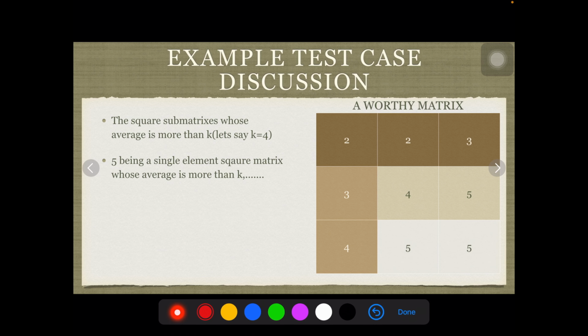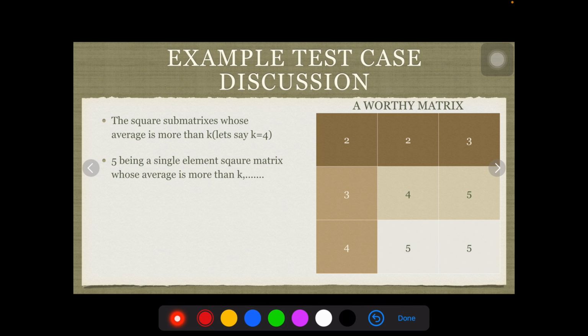Now let us discuss with this example what is exactly happening, and then we'll come to the order of one approach and how we are doing it. A naive way of thinking might be to see how many square matrices are possible, find the sum every time we get a square matrix, and then see whether the average is greater than or equal to 4.